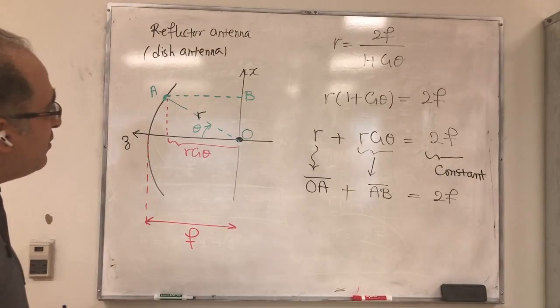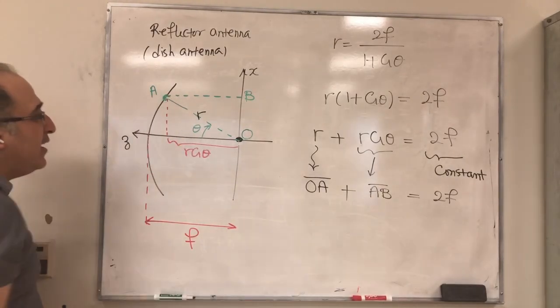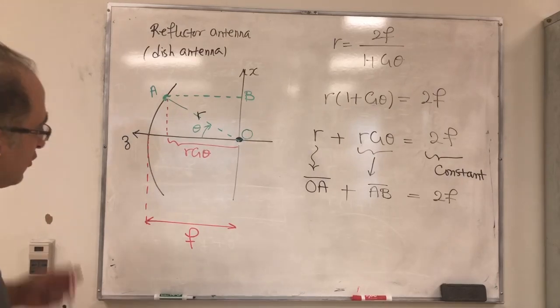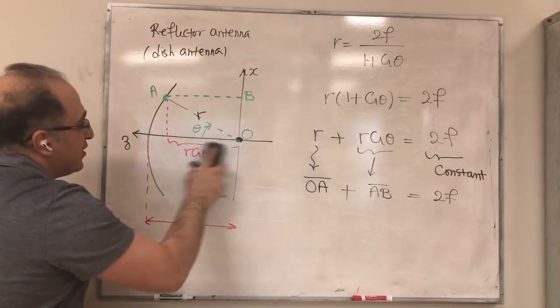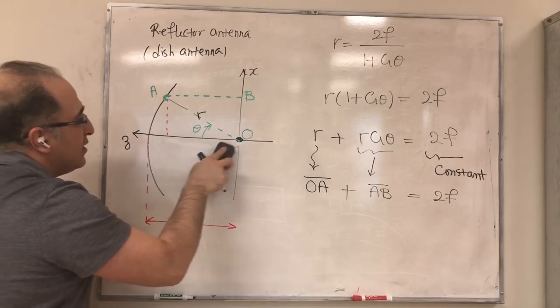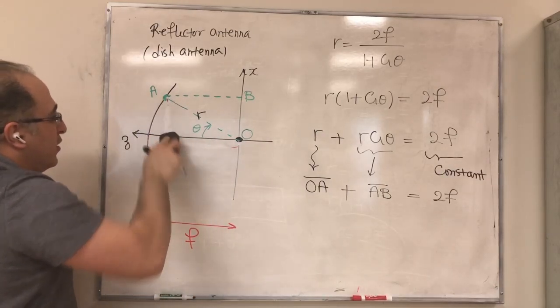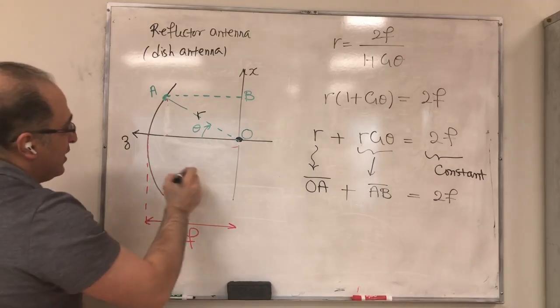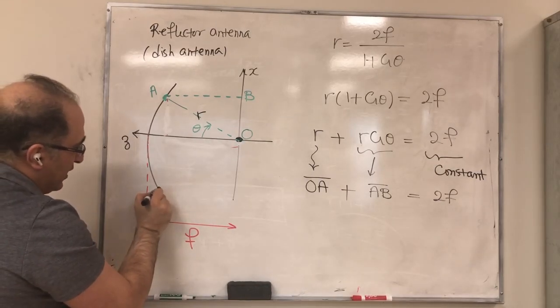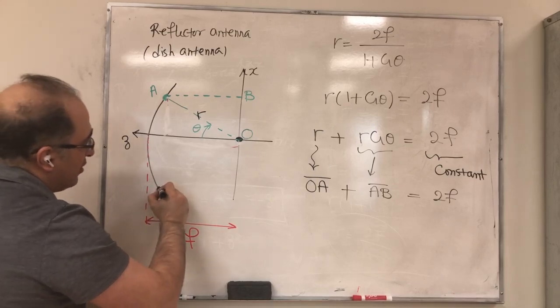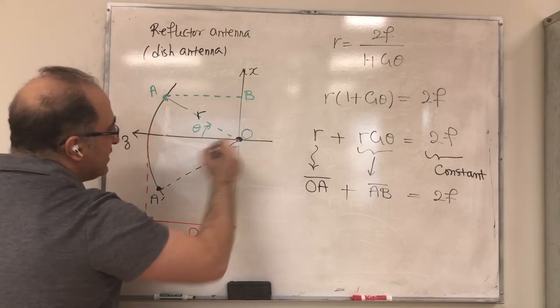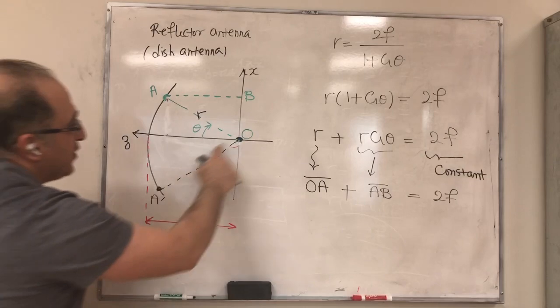That's actually quite amazing, because this point A can be any point on the reflector. Let me choose another point. First let me get rid of this. Okay, now let's choose another point, say this point. Let's call it A prime. Now, what is this distance in a spherical coordinate?